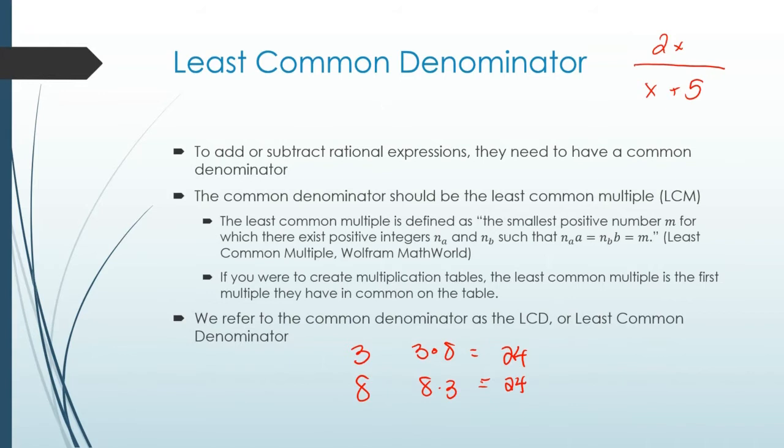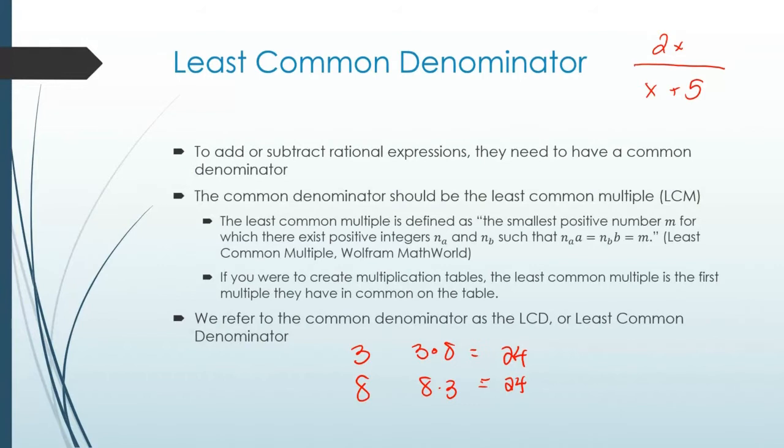It's a really confusing definition because you're looking for a number that's bigger than what you started with, but it's the smallest in common, so it sounds kind of contradictory. If you were to make multiplication tables, it's basically the smallest number that would show up on both of their multiplication tables, like a multiplication table of 3 and a multiplication table of 8. So that would be the smallest number in common on both of those.